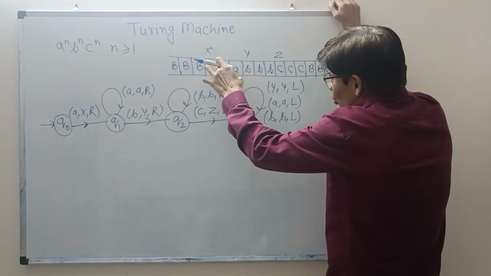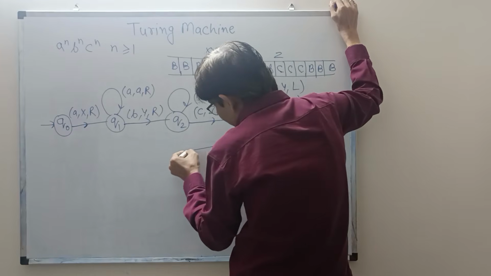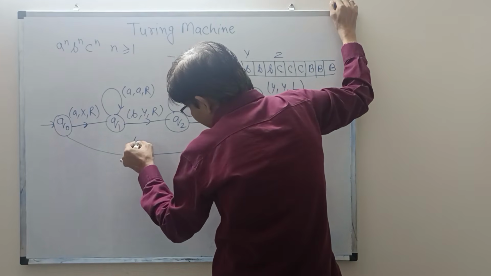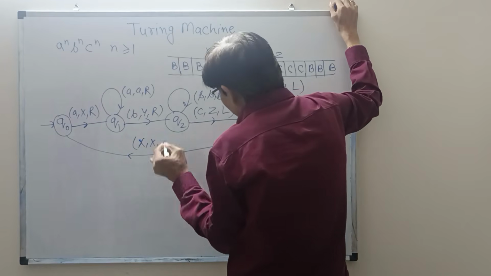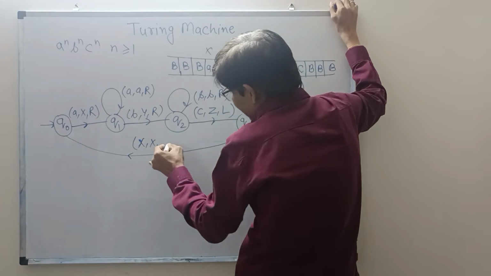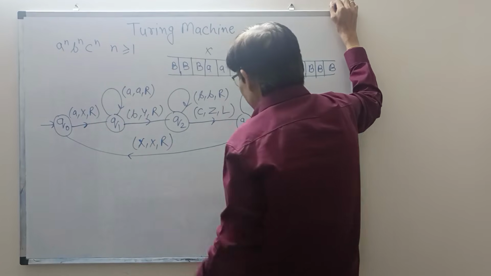Then you will get X on Q3. So you will go back to Q0 and leave this X as it is, but you will reverse the direction of your movement. So now you will start moving towards right.